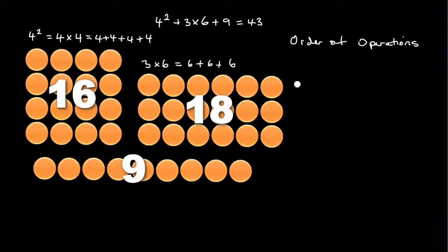A scientific calculator, though, has been programmed so that it will work following the order of operations. And the order of operations could be shown like this: brackets first, then any number with indices, like this number here, and then we need to deal with the multiplication and division, so not a separate thing, because division can be expressed as multiplication, as we've seen in previous videos.